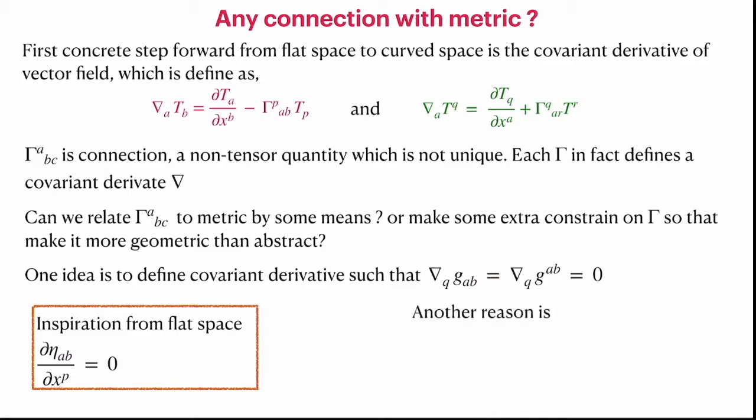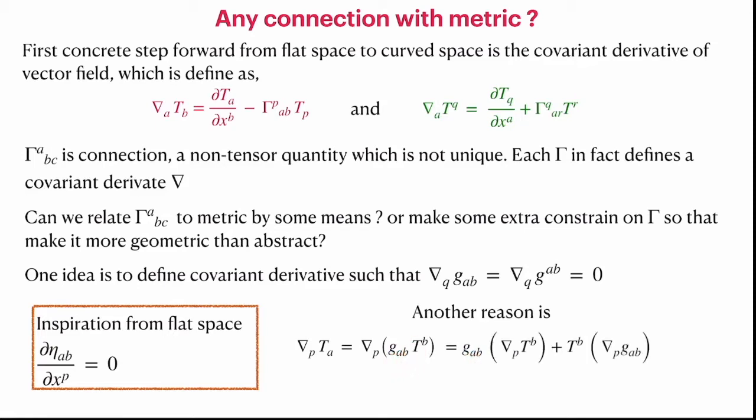What does this lead to? There is another reason. Let's start with differentiation of a covariant vector. We have assumed the relation between the covariant and contravariant vector through the metric tensor, and that means whatever covariant tensor we have, we should be able to represent in terms of a contravariant vector and a metric tensor, that is G_AB dot product with T^B.